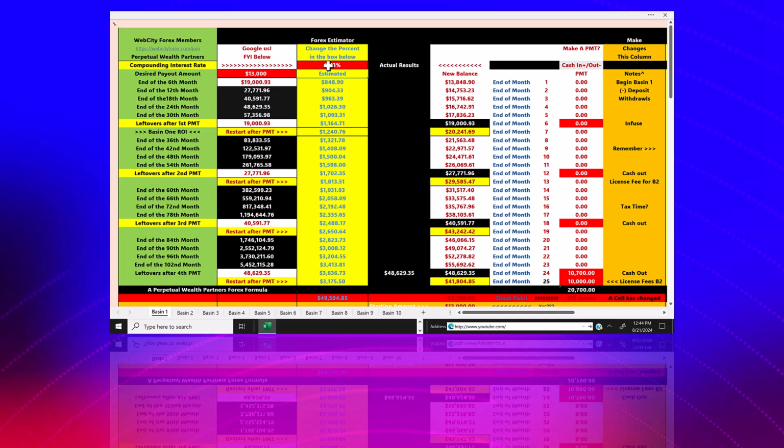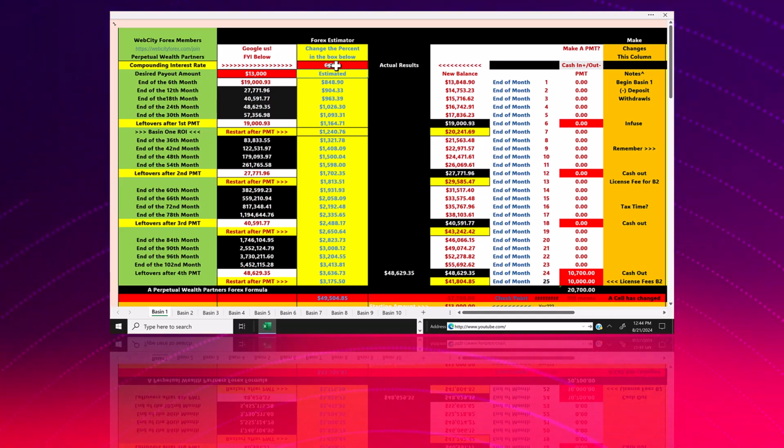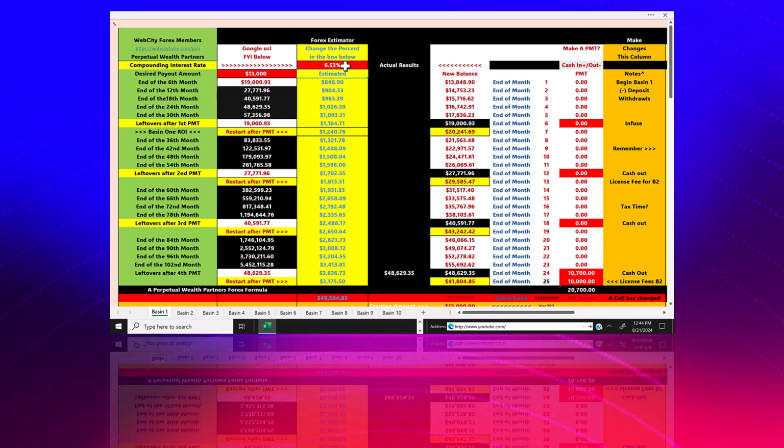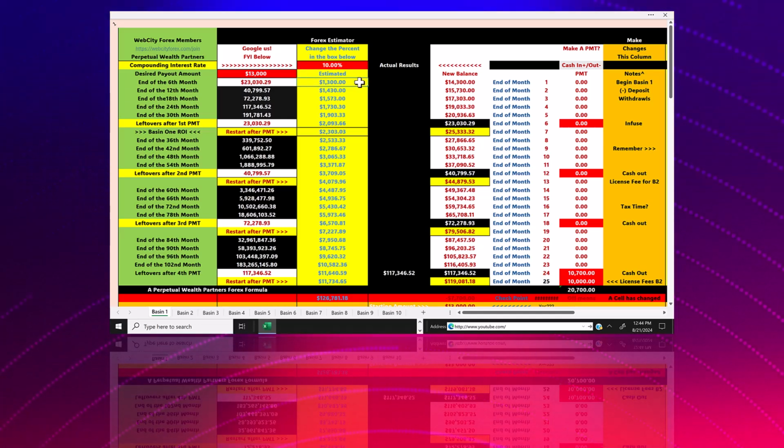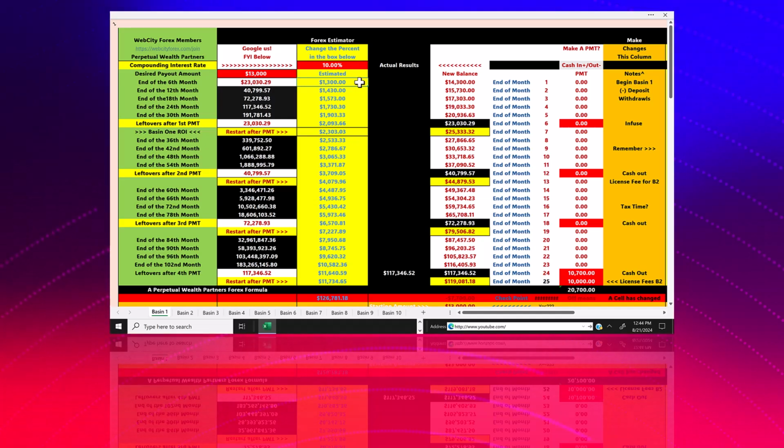Went from 520 to 848. Think about how much $300 will buy at the grocery store. And then let's go to 10%. See, it goes from 848 to 1,300. There you go, another $500.